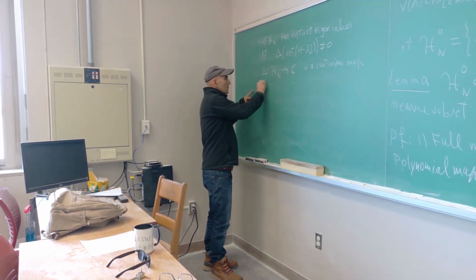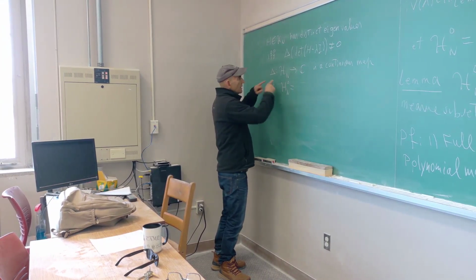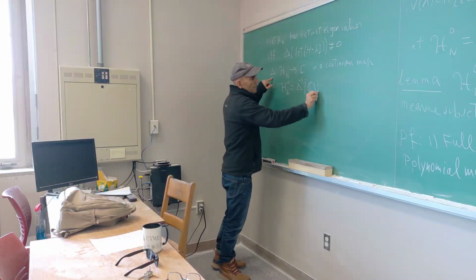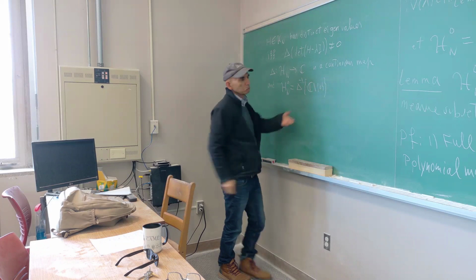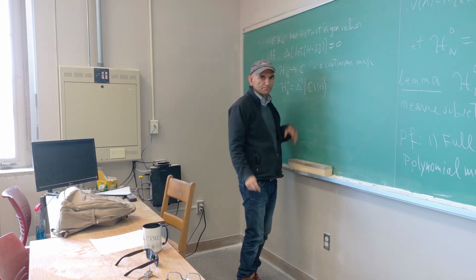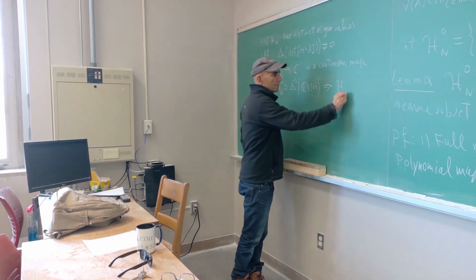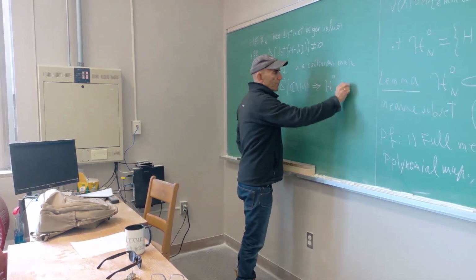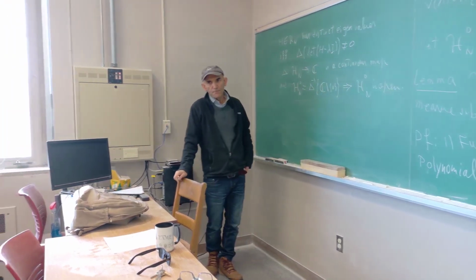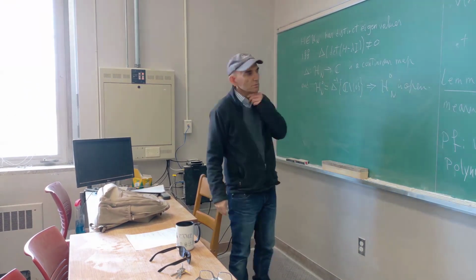And this Hn0 is exactly delta inverse of C minus 0. So this is an open set, the inverse of an open set, right? So we use some basic algebra to do this.